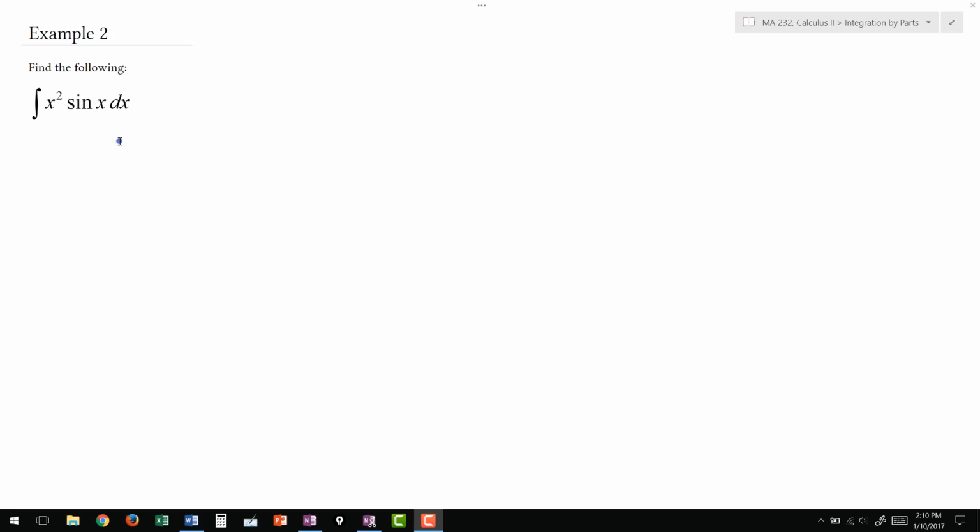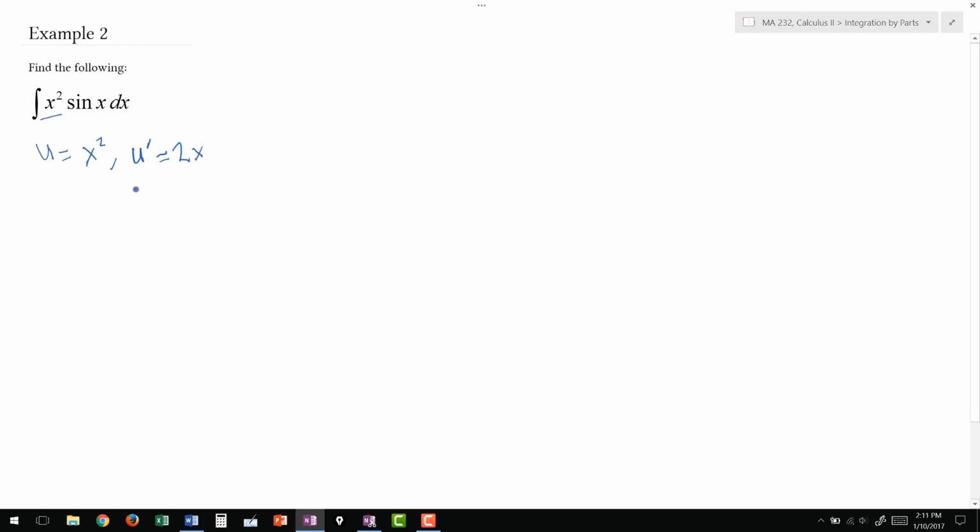Here, I'm going to let u be x squared, because x squared is something whose derivative, 2x, is a little bit simpler. So u will be my x squared, which makes u prime equal to 2x.